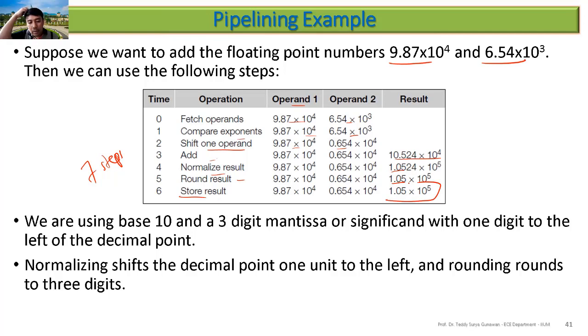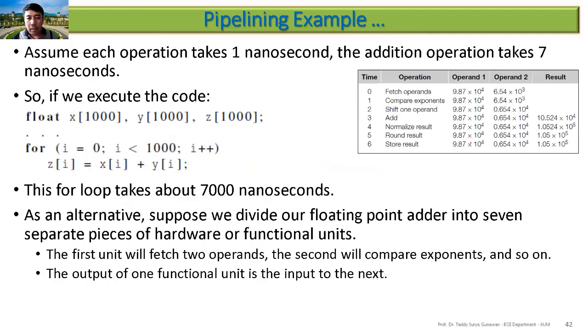So this is just adding floating point numbers. You need to have 7 steps of operation. Assume each operation takes 1 nanosecond, then this will take 7 nanoseconds.